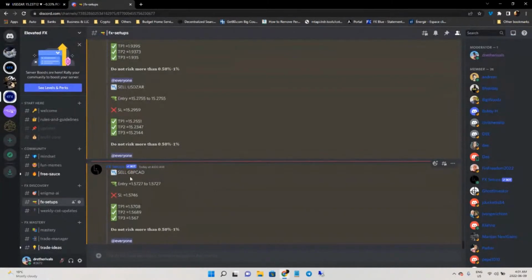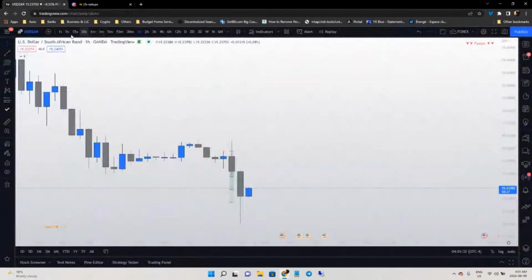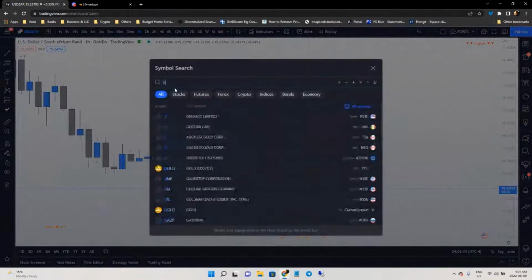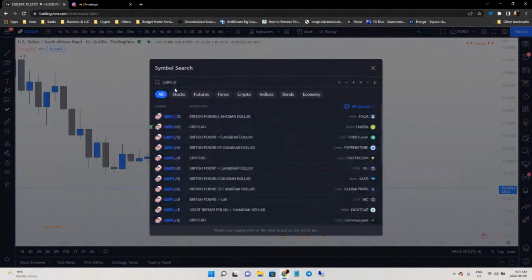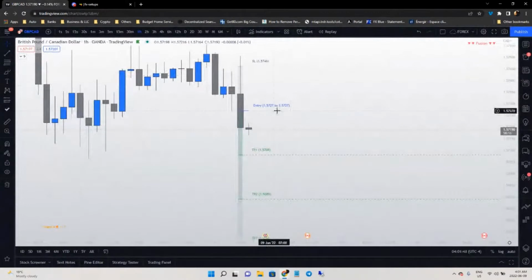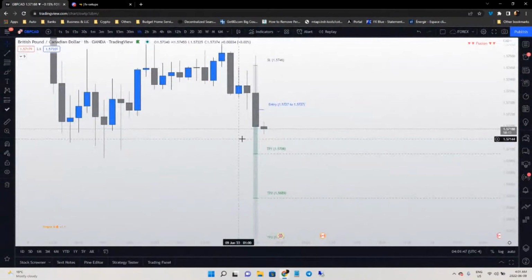So we have GBPCAD as a sell. So GBPCAD. So that's a free setup for you guys. So we have GBPCAD for sell. So I'm just gonna take that trade on my end, on my FTMO account.